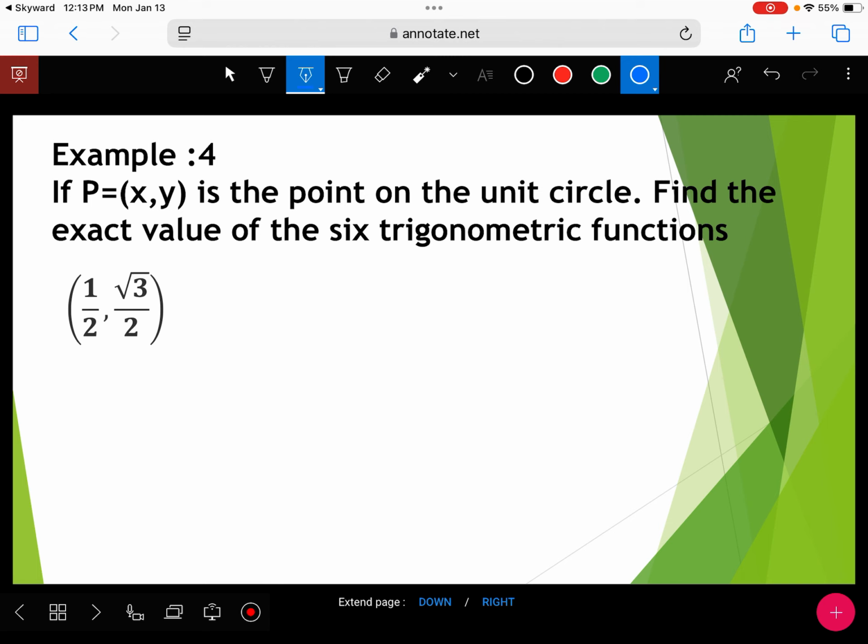What quadrant do you think we're in? Quadrants 1, 2, 3, or 4? 1. How do you know we're in quadrant 1? Both positive. Good. So that's helpful, so we know every single answer should be positive.